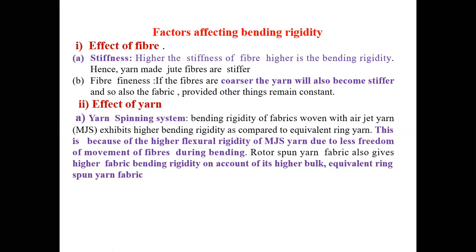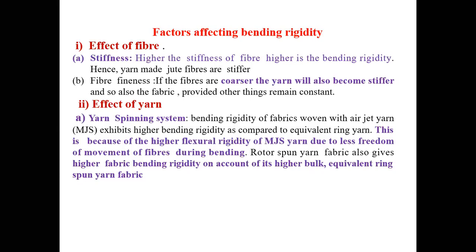Now these wrapper fibers wrap the core fibers, and because of this wrapping, the fibers cannot move with respect to each other. You can say the wrapper fibers cause a restriction of the movement of the fibers, or indirectly, the degree of freedom of movement of the fibers will be reduced.